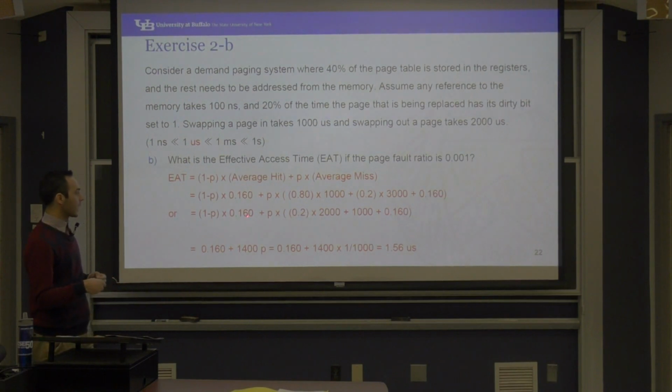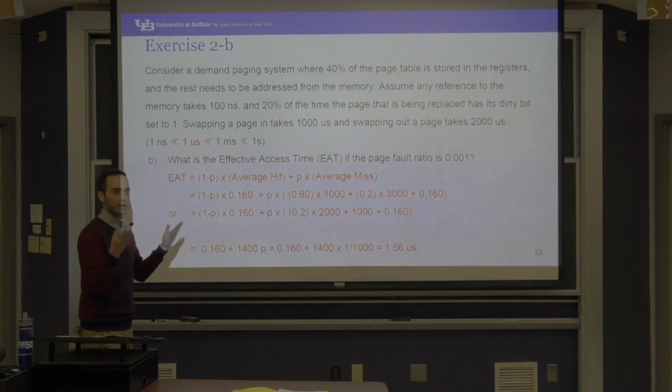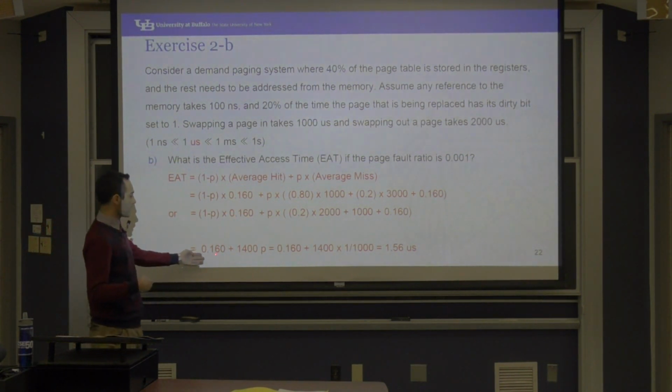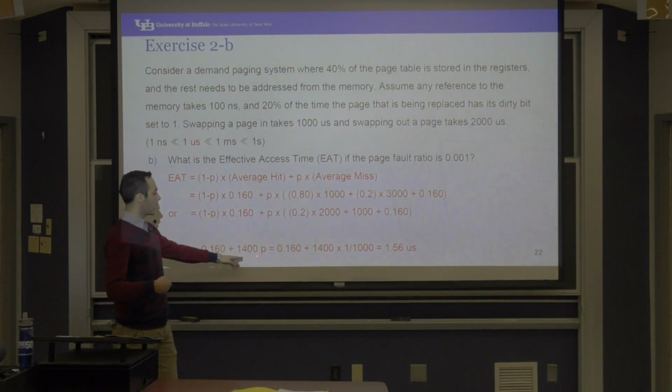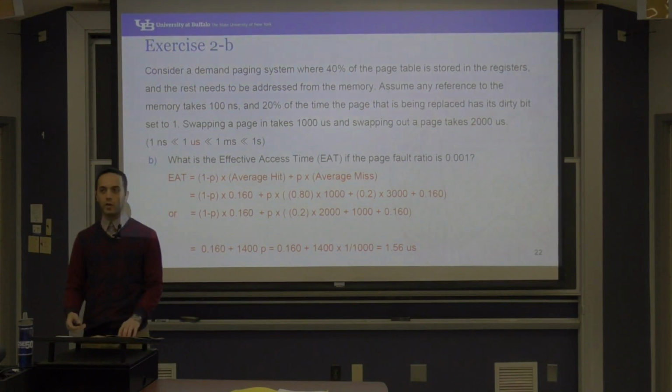In this example, this will cancel out with this, so don't add 1,000 with this number, for example. We just want the rounded numbers. This gives you the memory access time and roughly 1.56 microseconds.